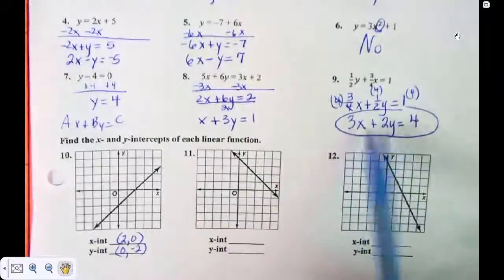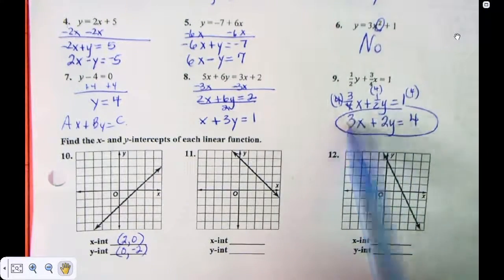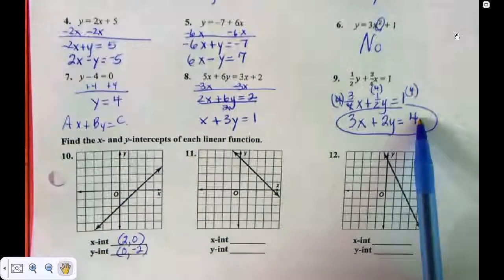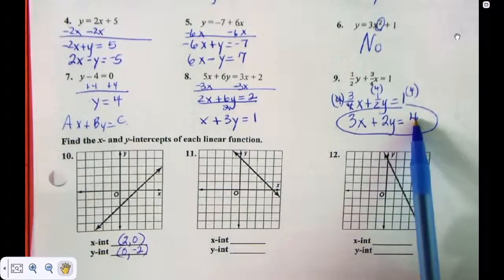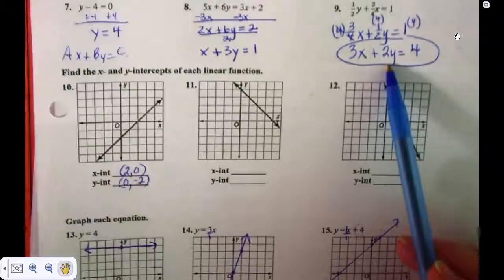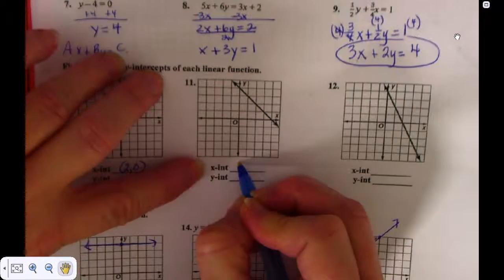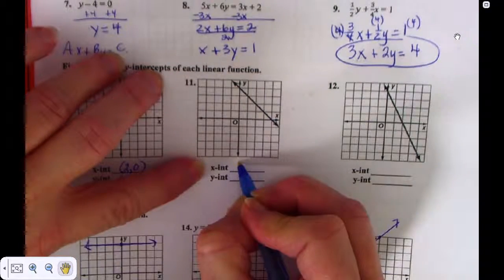On number 9, you're looking at this, and the common factor for 3, 2, and 4 is just 1. That's the only common factor they have. So you can't simplify that. Okay, so number 11, what's the x-intercept? 4, 0.